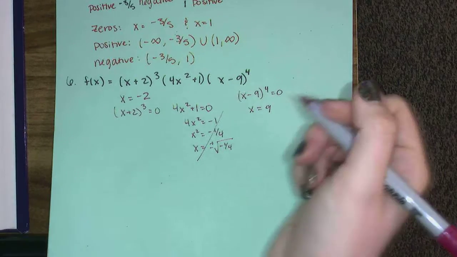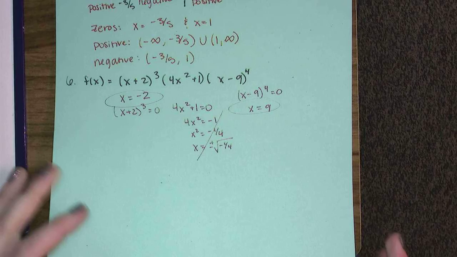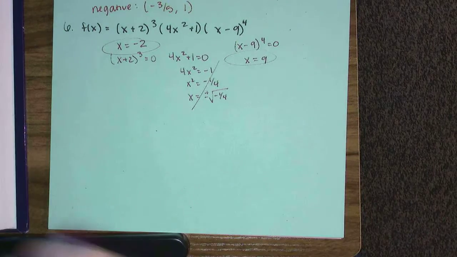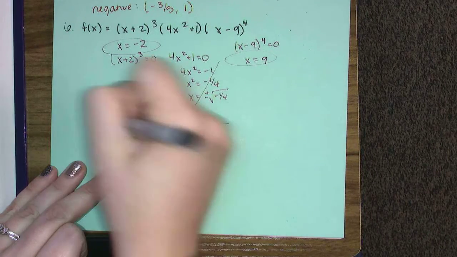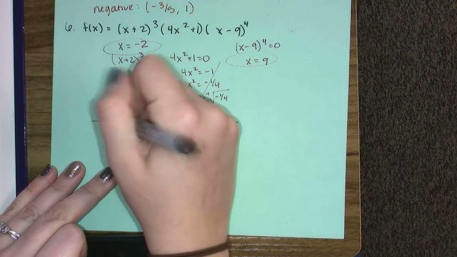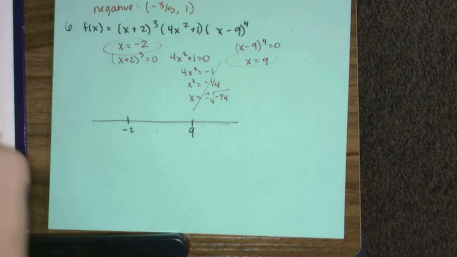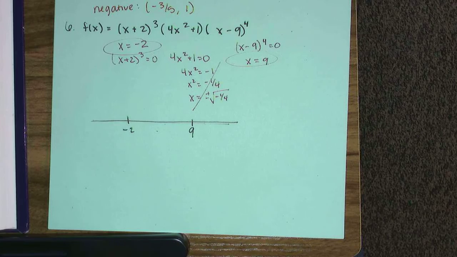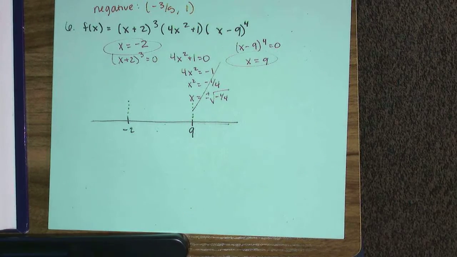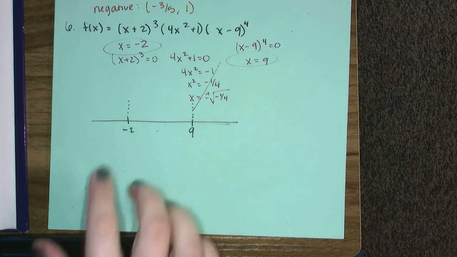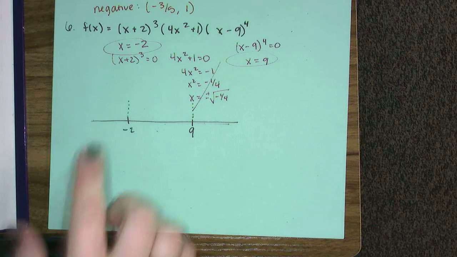Okay, so the ones that I'm actually dealing with is x is equal to negative 2 and x is equal to 9. Alright, so I need to check values in each spot. So, far left one.